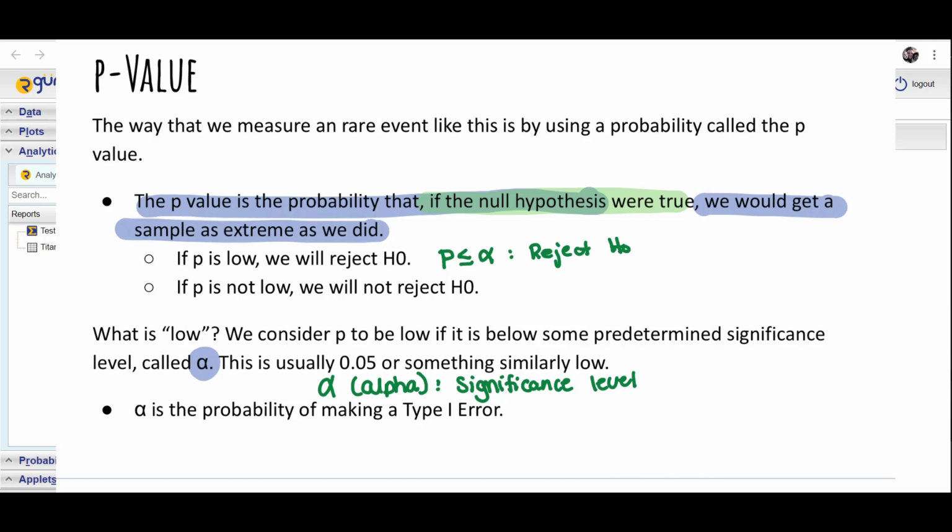And if the p-value is greater than the significance level, you're going to fail to reject the null. And then from there you make your conclusion. You make your decision to reject or fail to reject based off of the p-value. If it's less, reject the null. If it's greater, fail to reject the null.